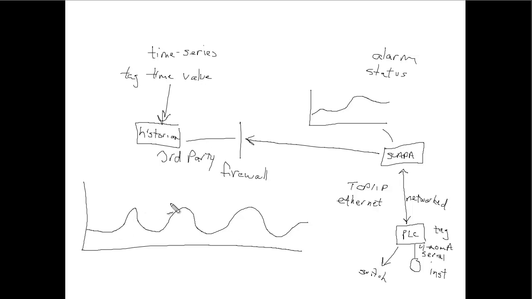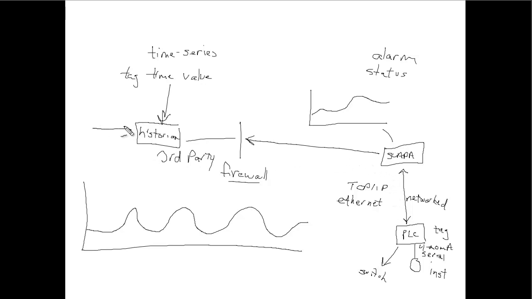So this is why we want the third-party data historian. It provides secure access to the data outside of the control system, the primary responsibility of which is to operate and maintain the electric grid safely.